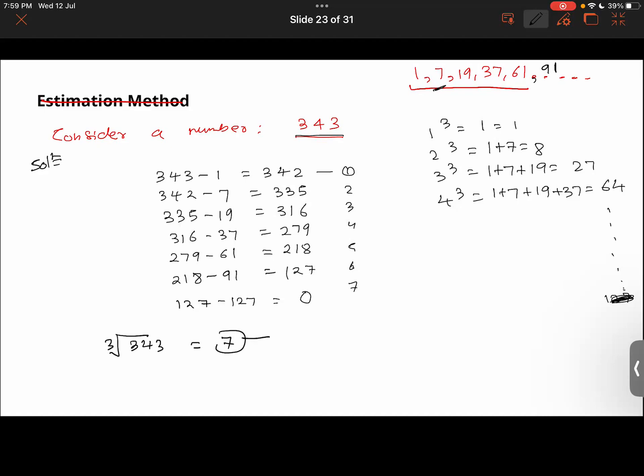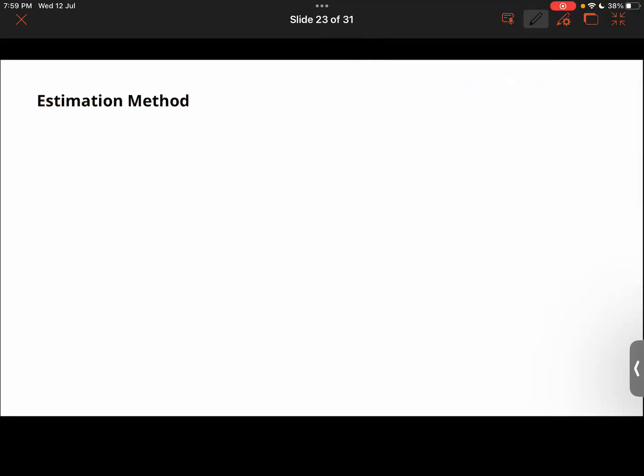It's 7. Since we got 0 in 7 steps. Ahmed and Arhan, did you get this one? Yes, sir. Okay, now if you got this one, solve a question then.